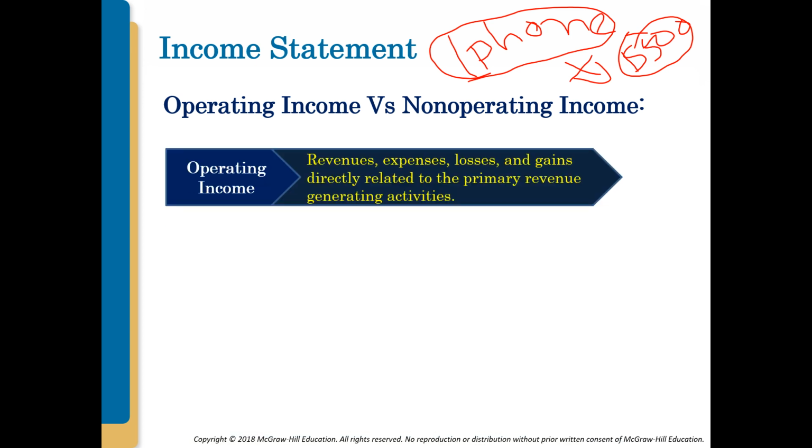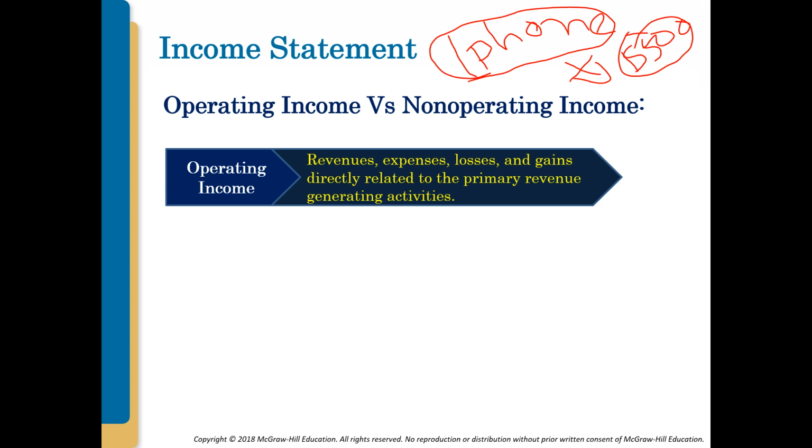So that is interest revenue, okay, and that is not operating income. So operating income includes revenues, expenses, losses and gains that are directly related to the primary revenue generating activities. So the primary revenue generating activity for Apple is the sale of iPhone.